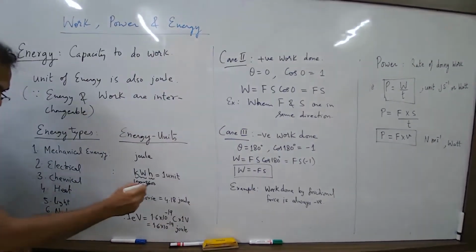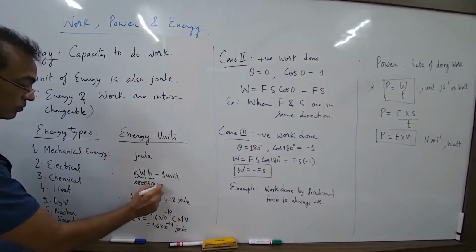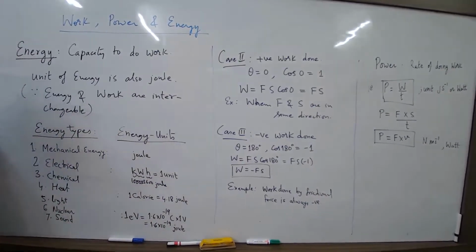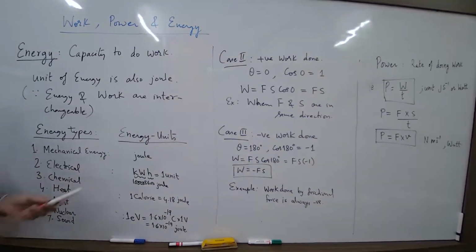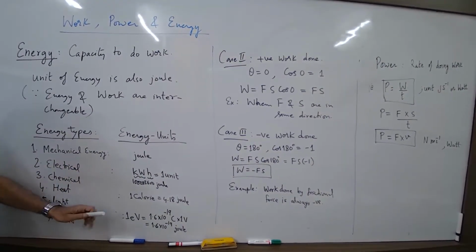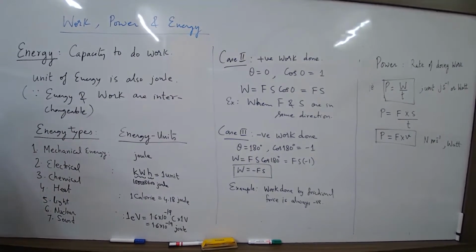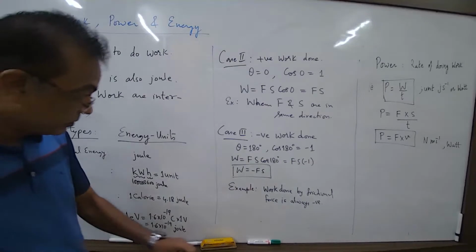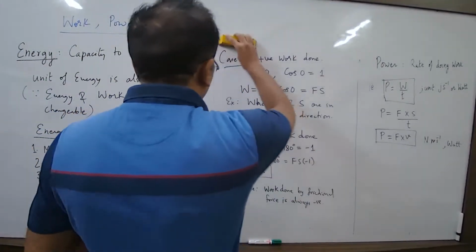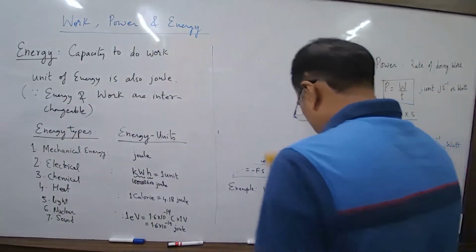So I gave you different energy units and also told you how much joule each is. Joule is the standard SI unit for energy, and all the other units of energy can be converted back into SI. Okay. So just write this down. So this is all in this chapter.